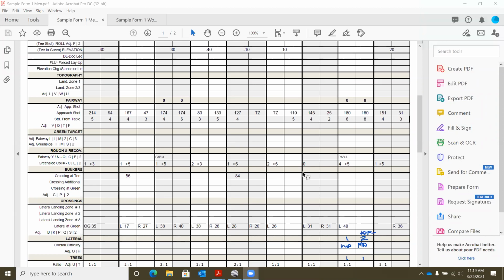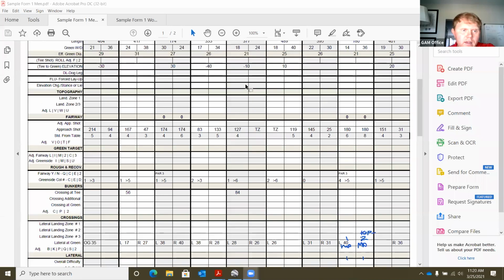The more information that's on the sheet, the easier it'll be for the captain to understand when he or she reviews the sheets. The only thing I'll say is, especially up here in the dog leg and forced layup area, just really make sure that if you do put stuff in there that it's right, because those are big things that impact ratings.